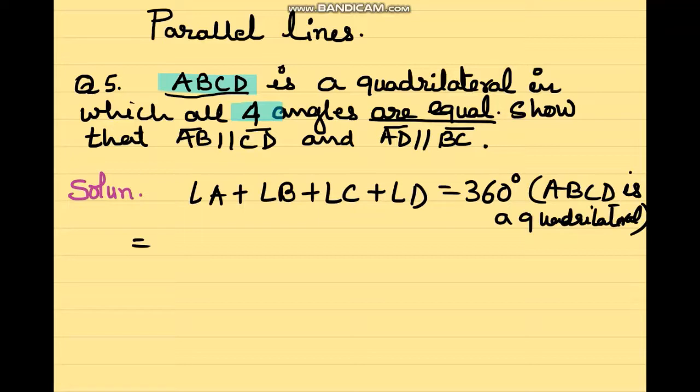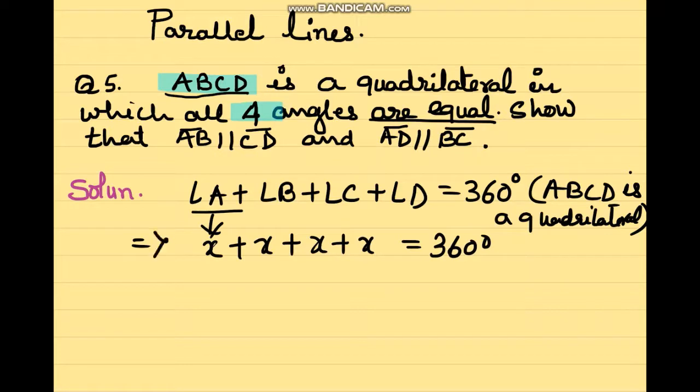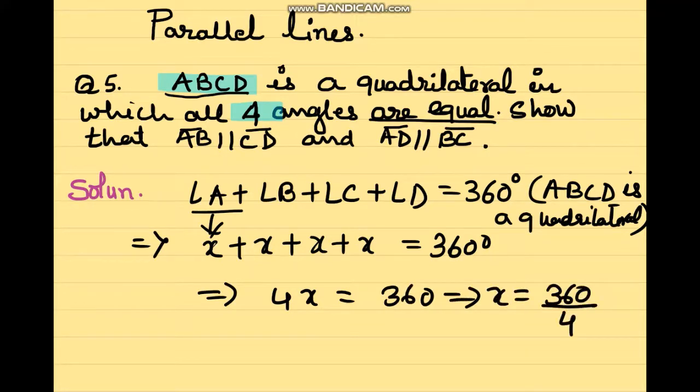Now see, all four angles are equal. Suppose you take each angle as x, then x plus x plus x plus x will be equal to 360 degrees. So 4x is equal to 360 degrees and x will be equal to 360 by 4, so that will be equal to 90 degrees.